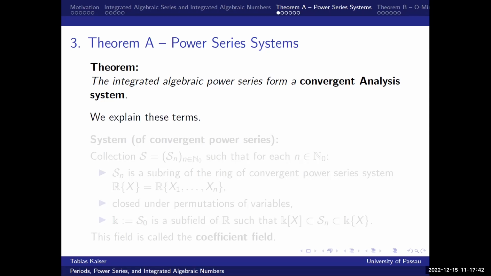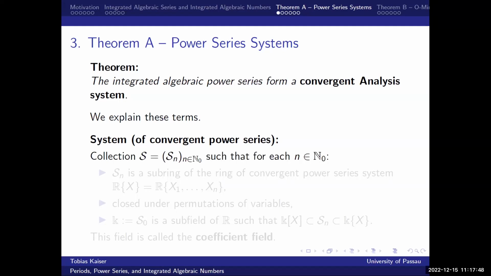So what is a system of convergent power series? For each n in N0, I have Sn, which consists of power series in n variables. And Sn should be a subring of the ring of real convergent power series, which I denote by the following.